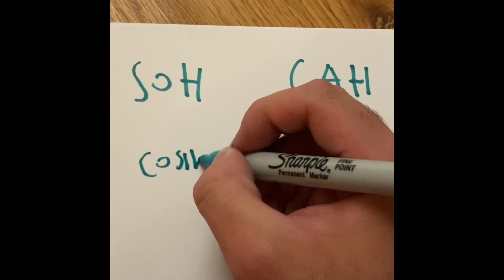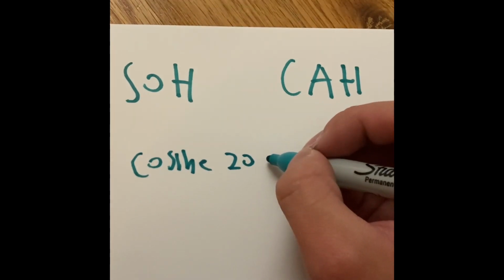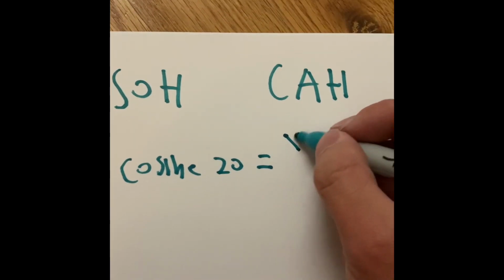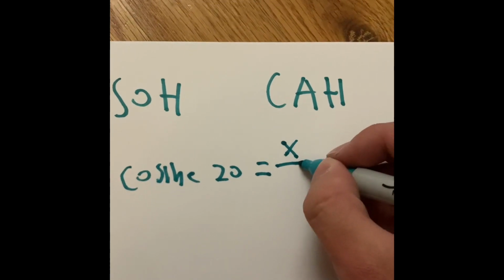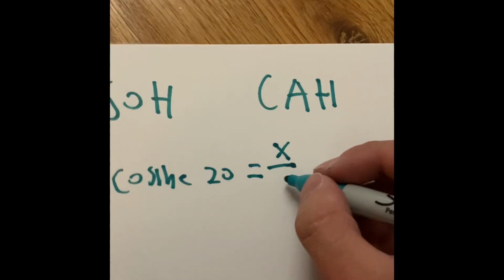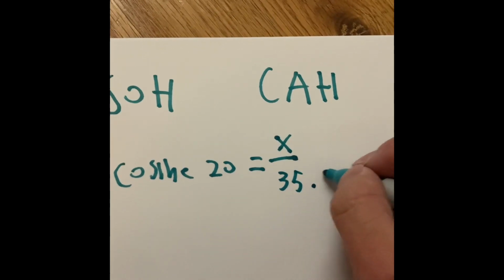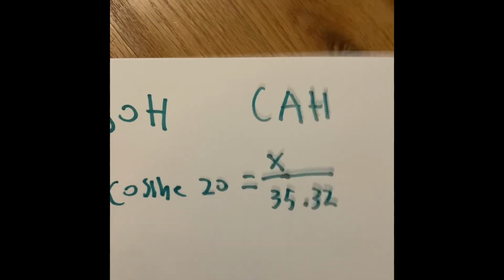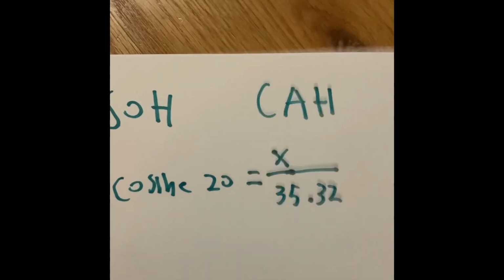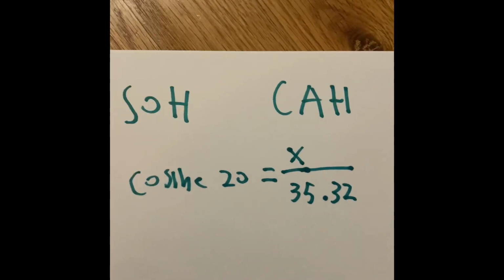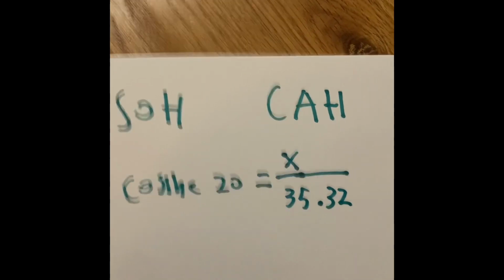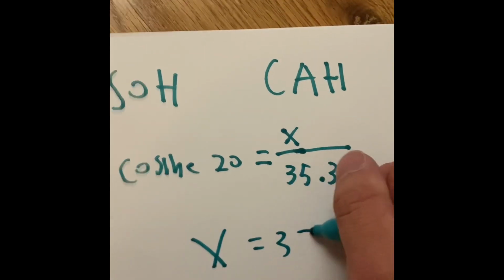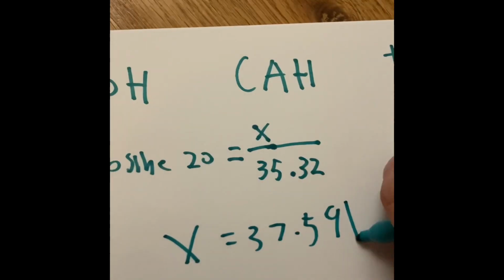The cosine of 20 is going to be equal to A, or let's say x, divided by 35.32 newtons. So when we find the cosine of 20, and then have x divided by 35.32, we're going to get an answer of x equals 37.59 newtons.